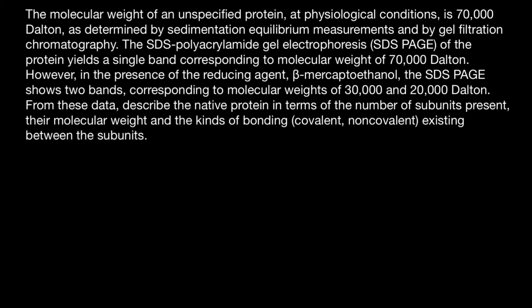This problem at first glance looks like a mystery, because we have one band which represents a 70,000 Dalton protein, then we use some chemical which supposedly breaks it into smaller subunits, and as a result we have one band that corresponds to a protein which weighs 30,000 Daltons and another band which corresponds to a protein which weighs 20,000 Daltons.